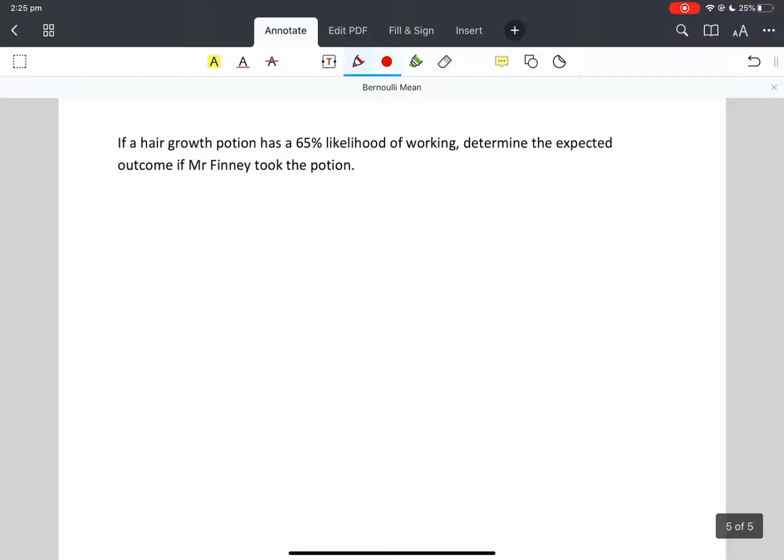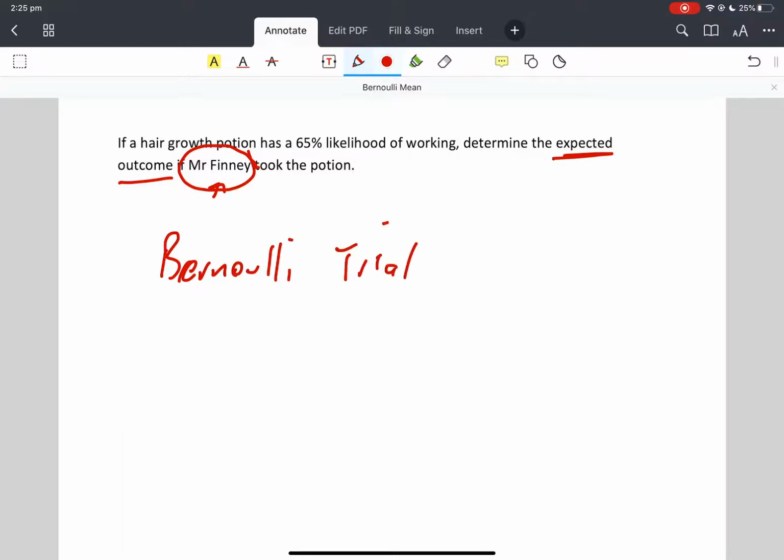If a hair growth potion has a 65% likelihood of working, determine the expected outcome if I took the potion. So because there's only one person taking the potion, this is a Bernoulli trial where n equals 1 and p equals 0.65.